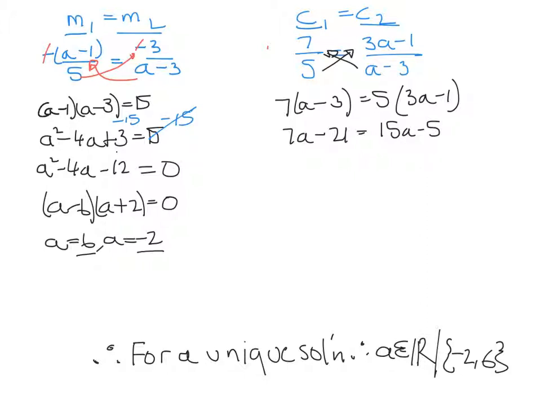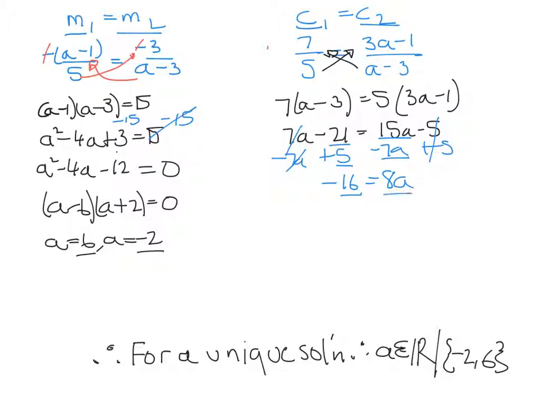Now I will plus 5 on this side and on this side, those will cancel out, and I will take 7a from each. Now 7a take away 7a cancels out, and minus 21 plus 5 is minus 16, and 15a take away 7a is 8a.